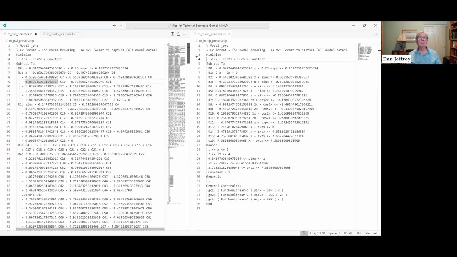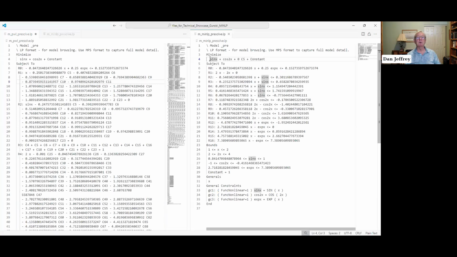On the right, we have a 36-line file. And so we have the objective function expressed as a nonlinear function. We have some constraints. Those are all building up from the code that I'd written, just direct consequences of that code, and bounds.